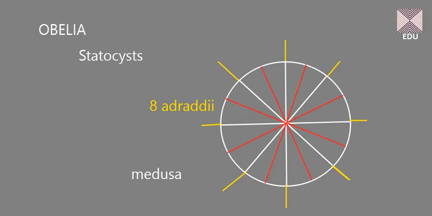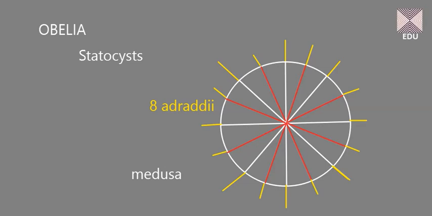So now I am making the tentacles of the adradii. So this is the first one, this is the second one, the third one, the fourth one, the fifth one, sixth, seventh and eighth. Now these 8 tentacles which are present on the adradii, they are having statocysts on their bases.